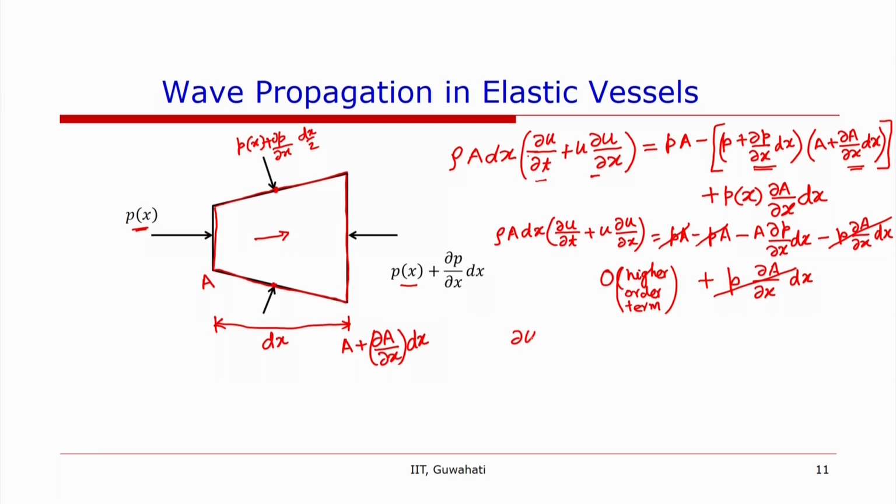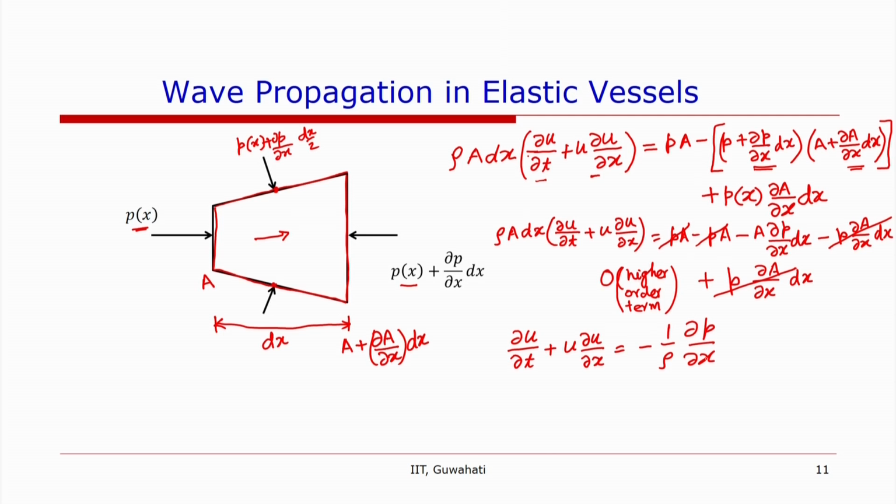So what we'll obtain is del u by del t plus u del u by del x is equal to minus A dx over rho A dx. So we will cancel out this A dx and A dx, and what we will have is minus 1 over rho del P over del x.